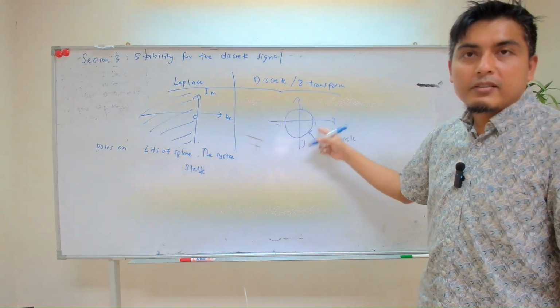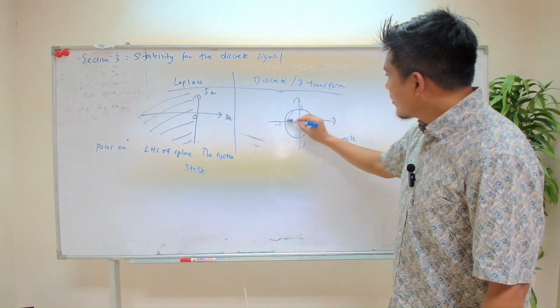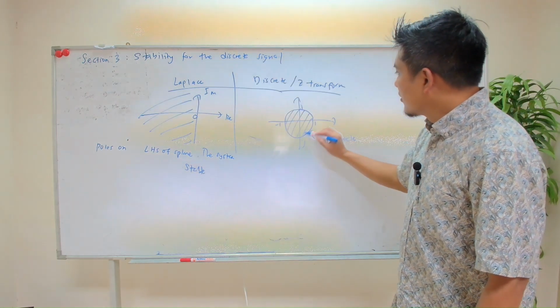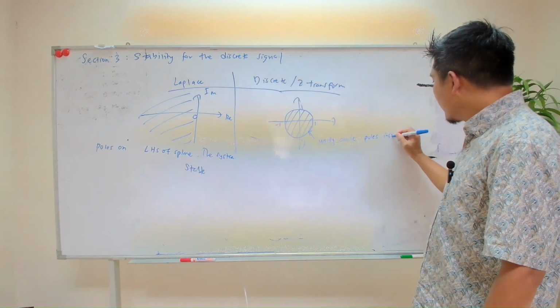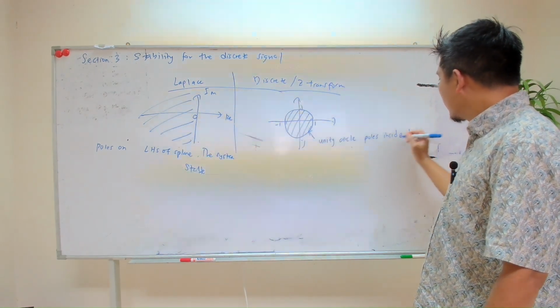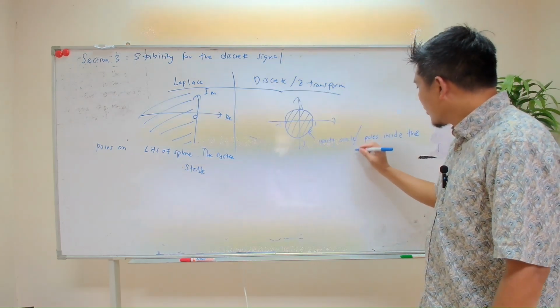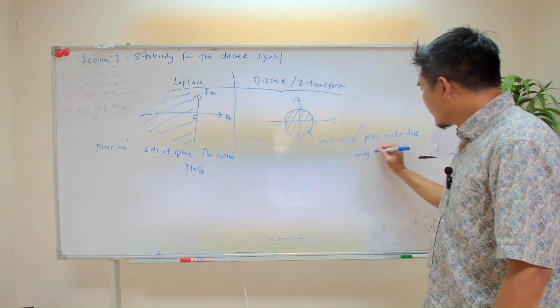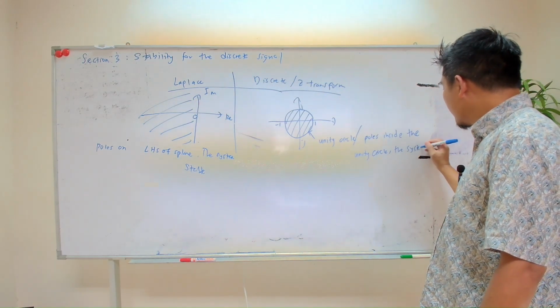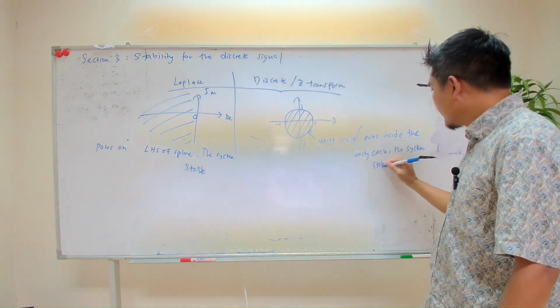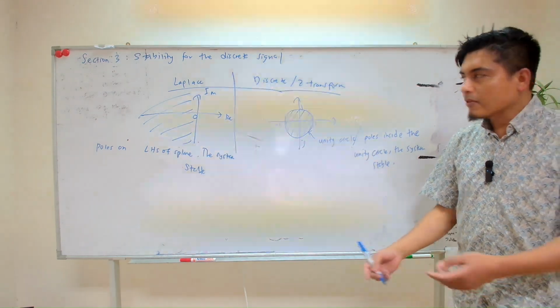So it means that the radius is 1, and as long as the poles are inside the unity circle, the system is stable. Okay, I give you an example.